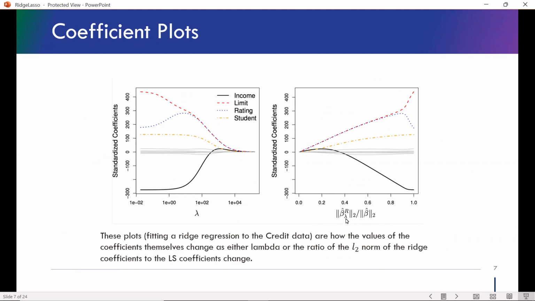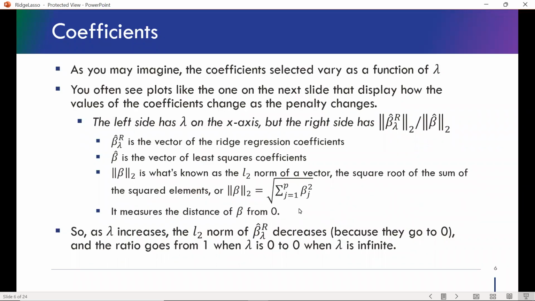So let's talk about this ratio a little bit before we look at it. This beta lambda r is the vector of the ridge regression coefficients. So r denotes ridge regression, and lambda is there because this beta will change depending on lambda, so we use lambda as a subscript in this notation.